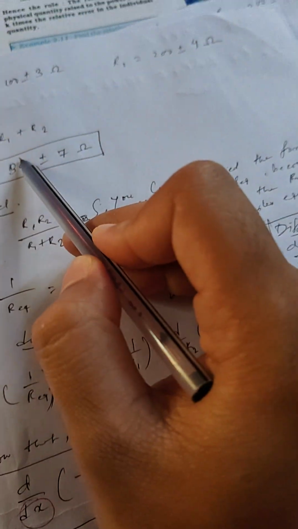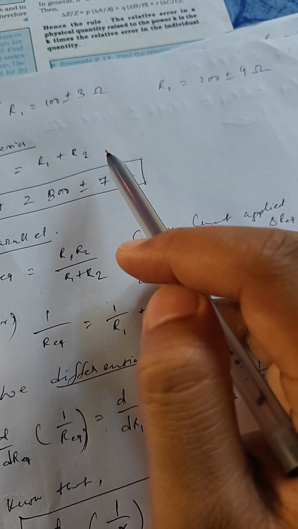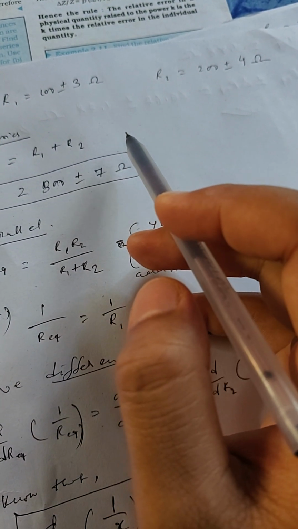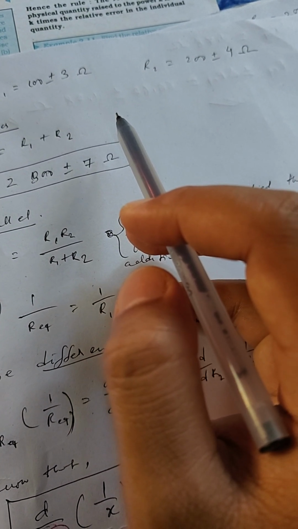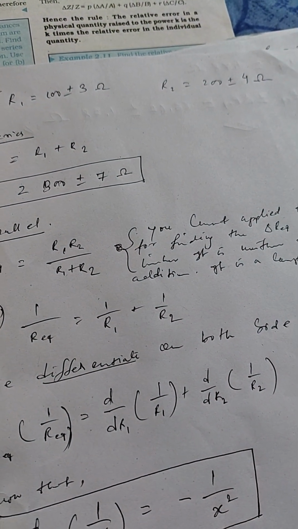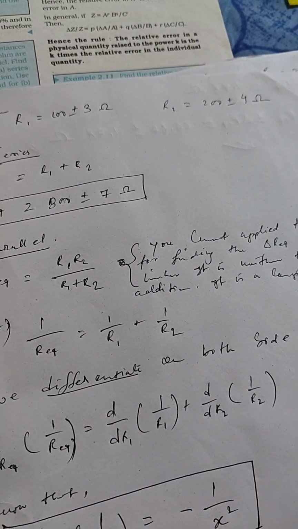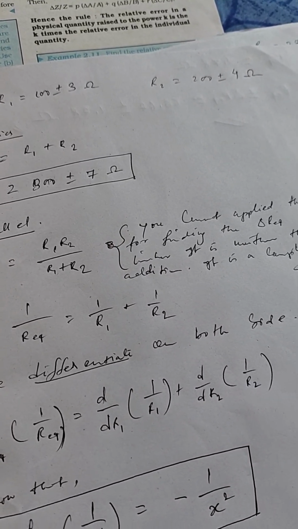Well, for the error part there is a rule. If the quantities get added, then their absolute errors also get added, and for subtraction also the same. For the case of quotient and product, their relative errors get added.